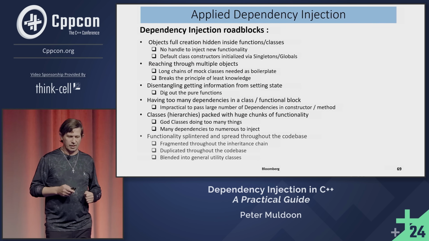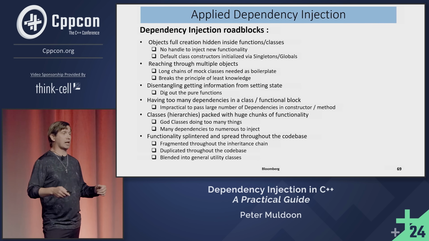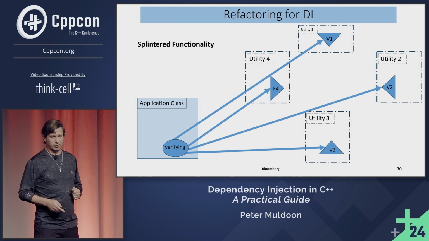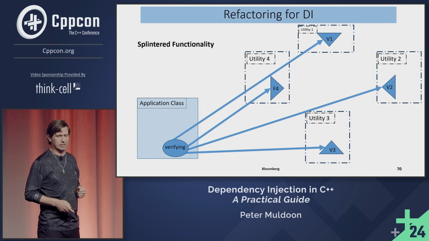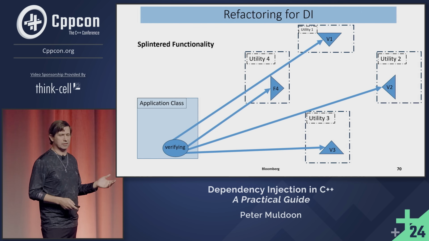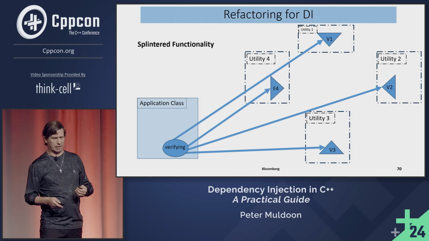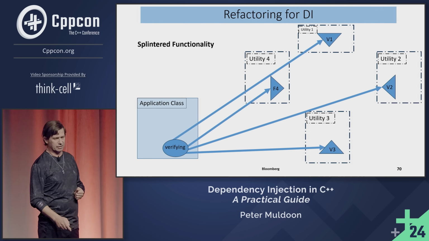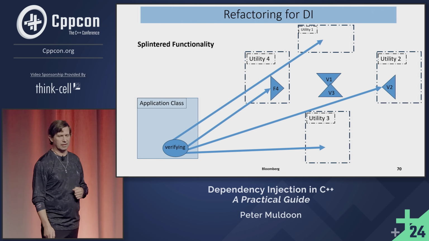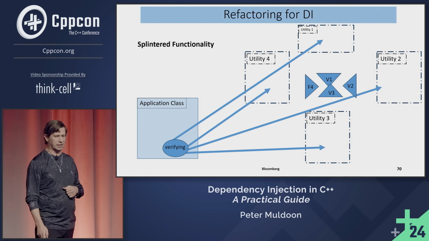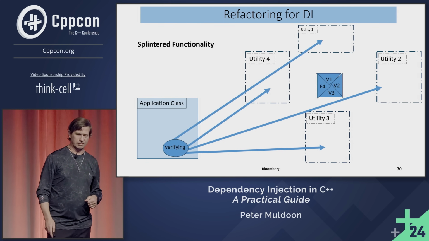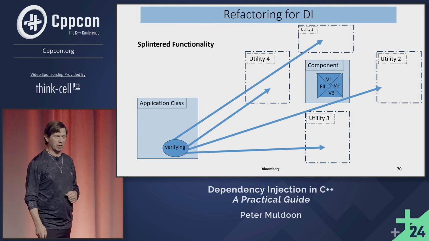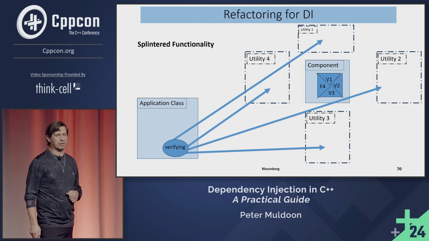Damn, time's going quick. All right, the other thing we get is functionality being splintered. Here I have a class that says I need to verify. I'm calling into all these utility classes, and I've got 4 function calls. Trying to figure out what's going on or test this is going to be difficult. But if I take these functionality pieces, because they should be grouped together, someone just didn't bother grouping them, and I wrap them in a component, look what happens in my application class.